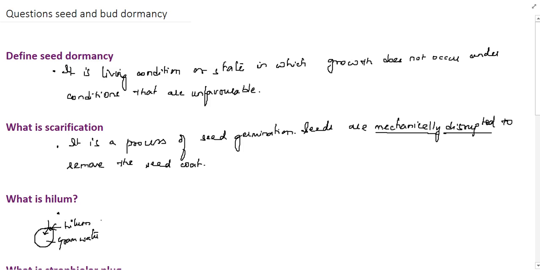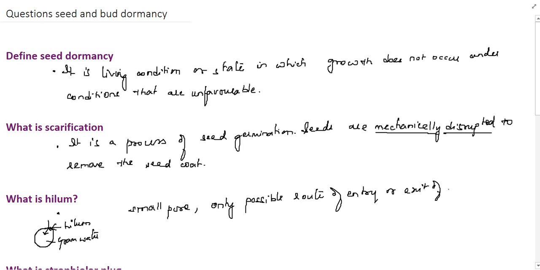This hilum is a small pore, and it is the only possible route of entry or exit of water. The seed will not absorb water from its whole surface, but through the hilum the water will take entry into the seed. What it is actually doing is controlling the seed moisture content.